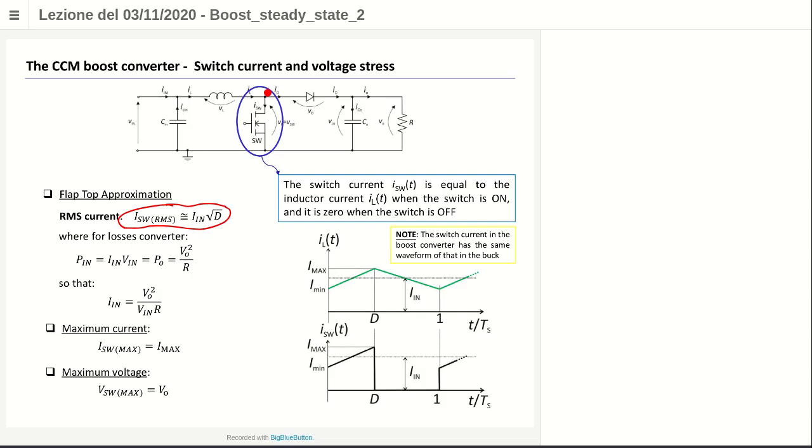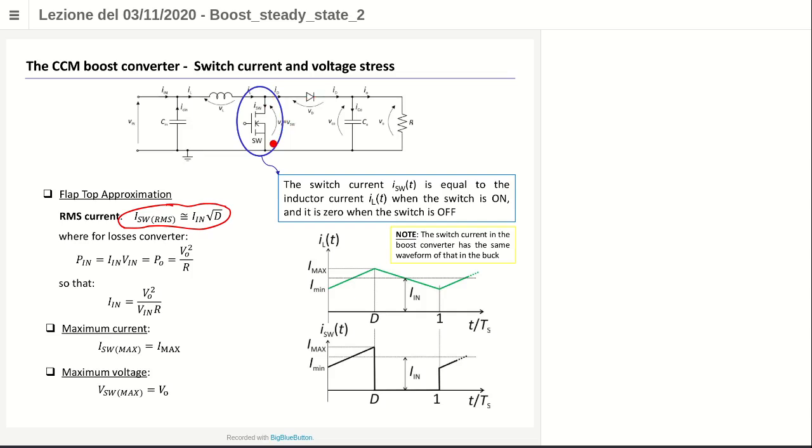Otherwise, you can easily go into breakdown of that device. So you have to choose a device which has a breakdown voltage larger than the maximum admissible voltage across it when it is open. When the switch is open, the diode is closed.